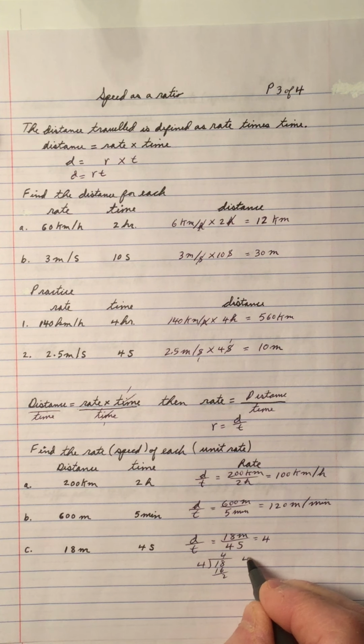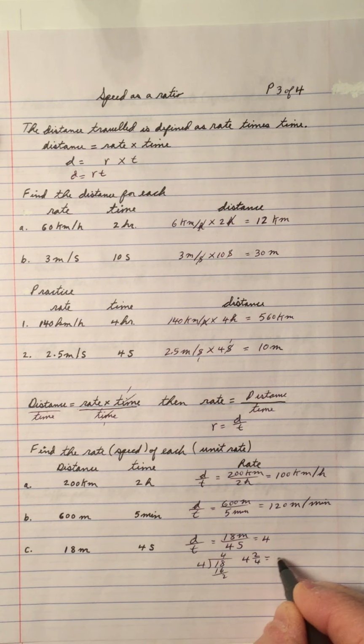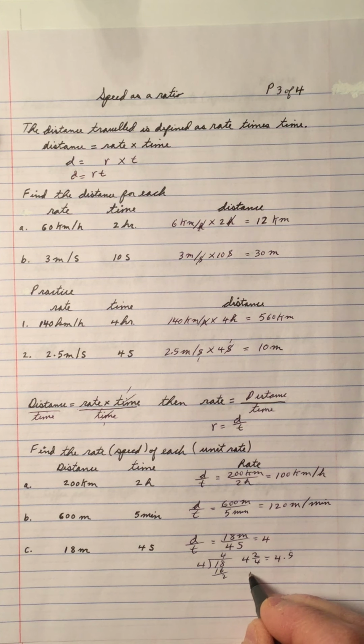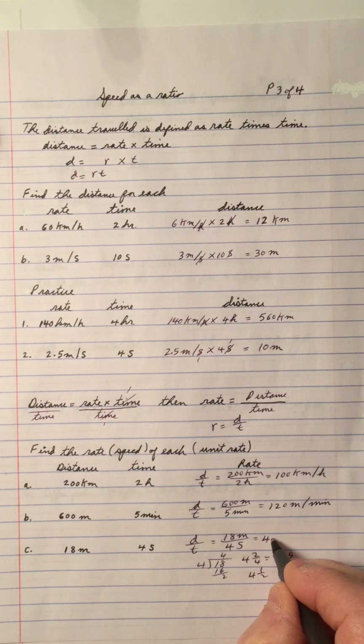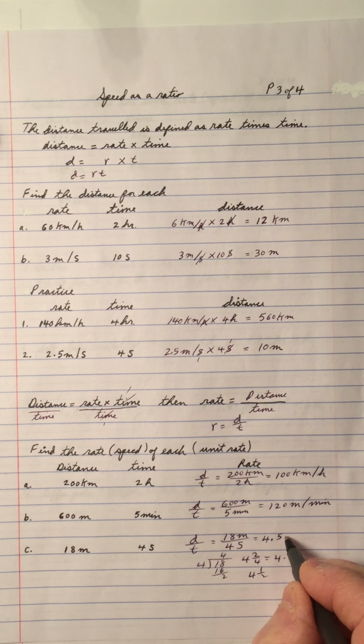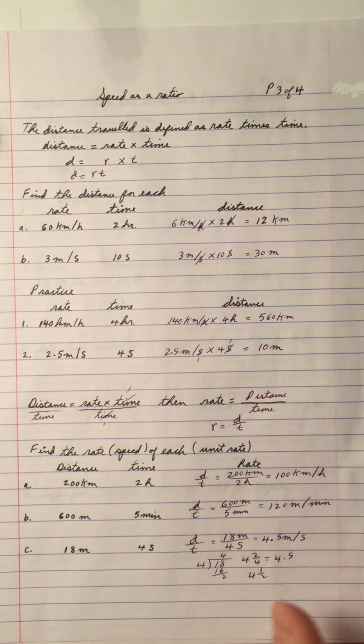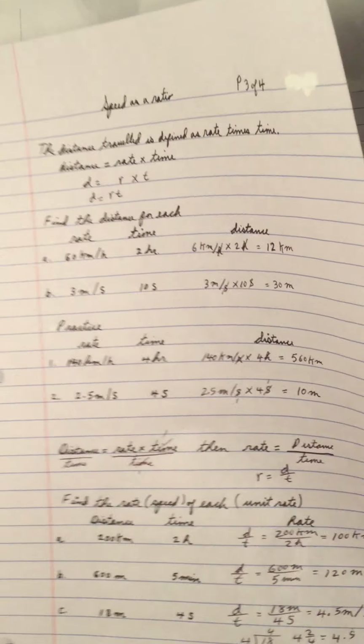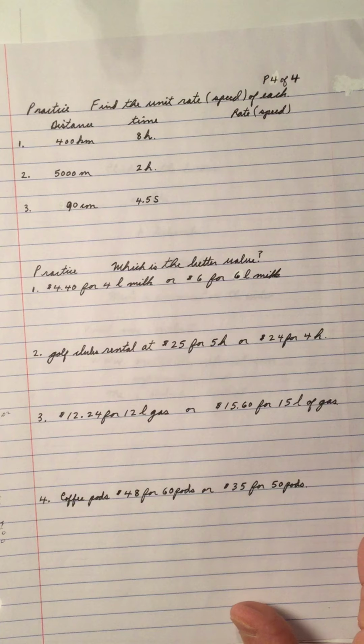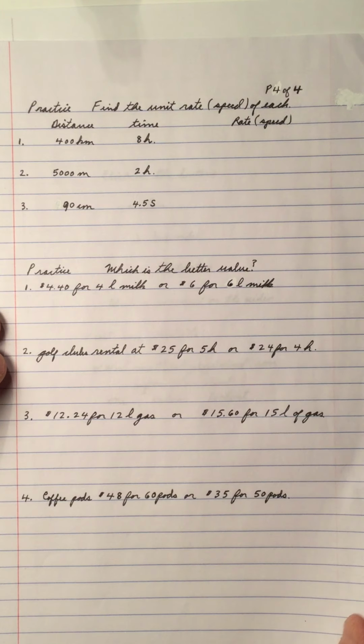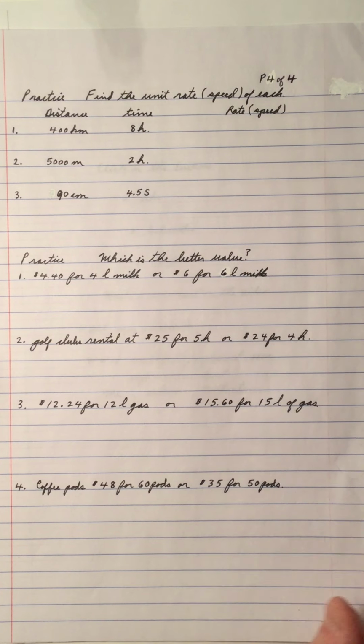So that's 4 and 2 over 4, or 4 and 1 half, or I could say 4.5, whatever you want. So 4.5 meters per second. Let's continue. I'll line this page up here, make sure we're okay.